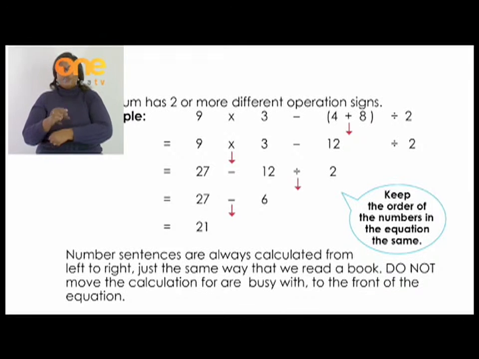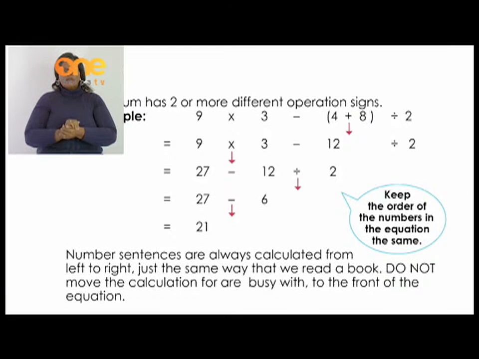So the next step, we rewrite all the operations until we get to the brackets. So the next step will be 9 times 3 minus, and the answer to the operation in brackets is 12, divided by 2. What will we do next?